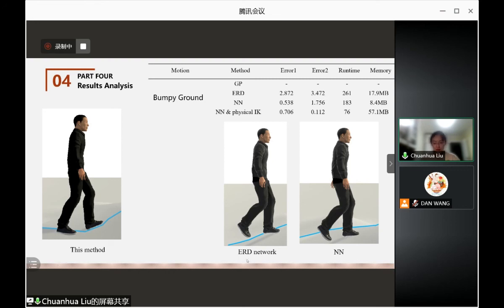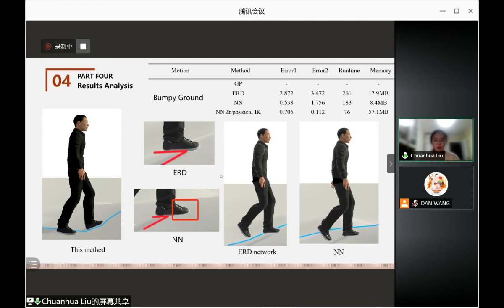Comparing with the ERD network and the neural network, we can see that our method has a very good error, because the ERD network has a very serious problem of floating, and the neural network not only floats but also sinks into the ground.